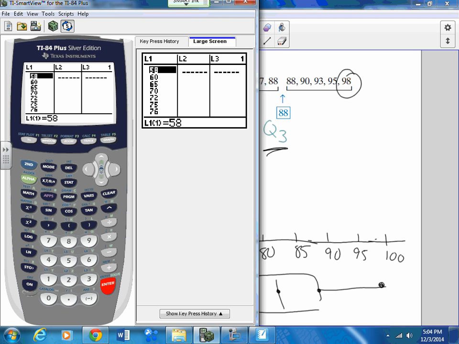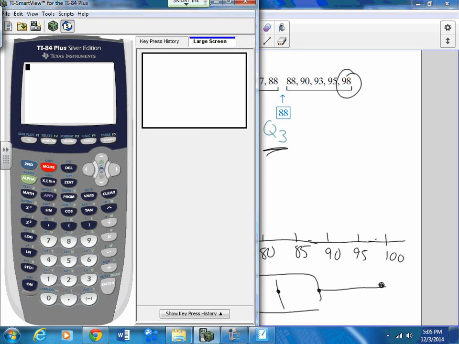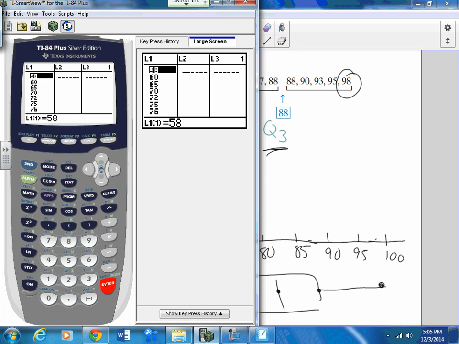Okay, so I just went in, I hit 58, and I hit enter, and then 60, and I just went ahead and I put all these in there. Okay, so that's that. Now, after I put all of those in, I can get out of here. Oh, no, let me go back. So I put all those in there, everything's good.